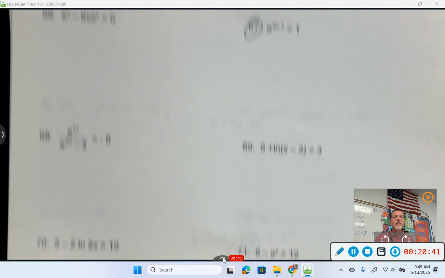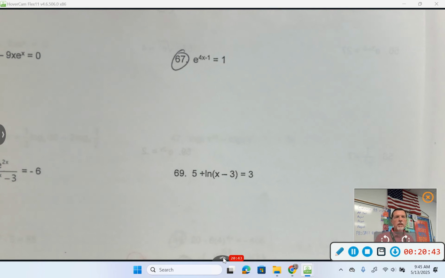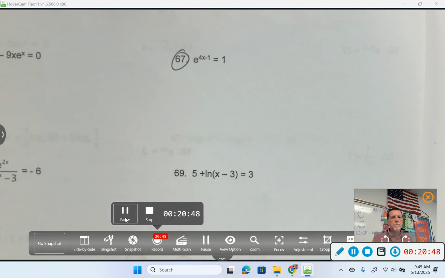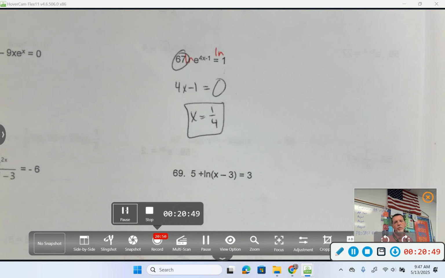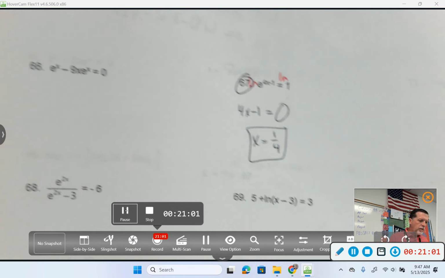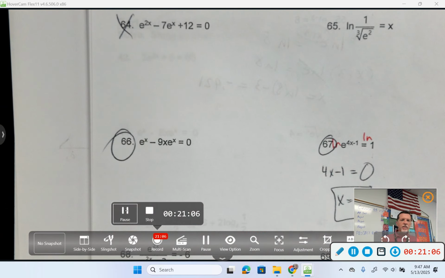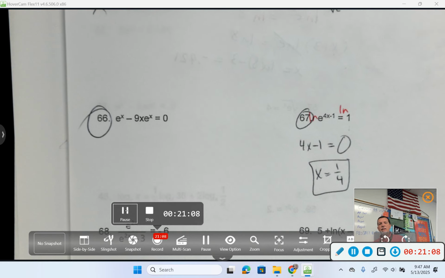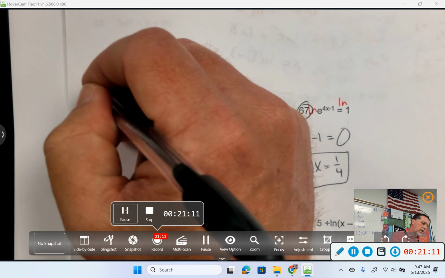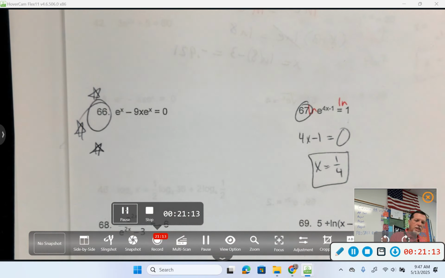Why don't you try 67? So x equals 1/4. All right, omit 73 because that involves a factoring that we're not going to mess with. A factoring that we would have to know is number 66, so there's a little hint there. That's not an odd problem, but I would recommend 66. How about that?